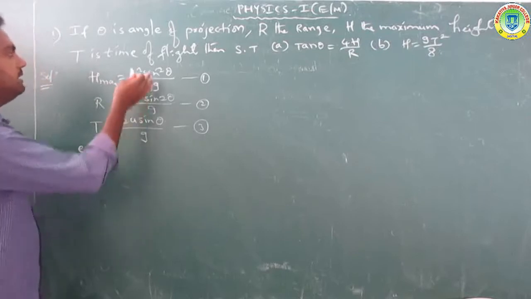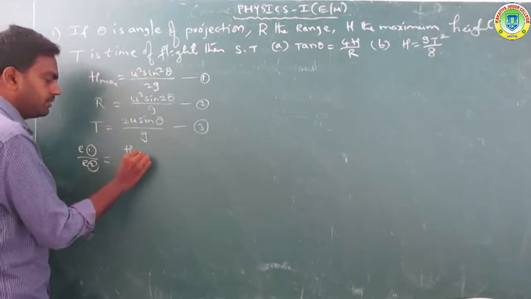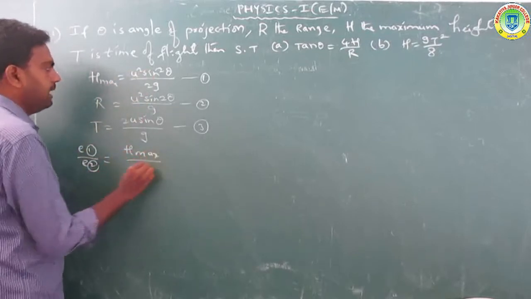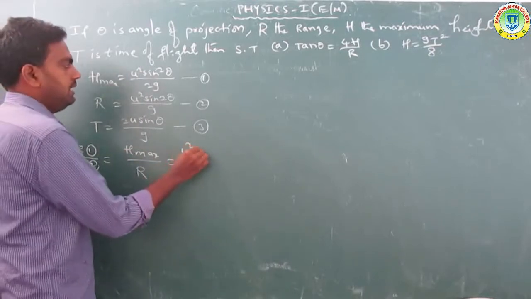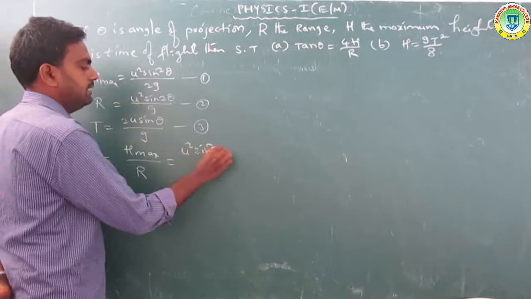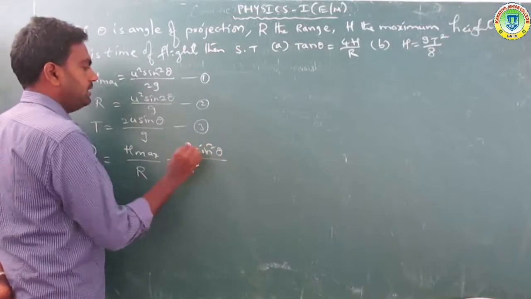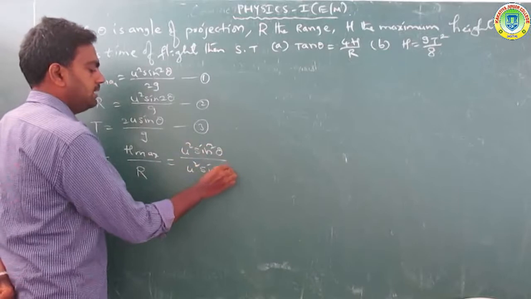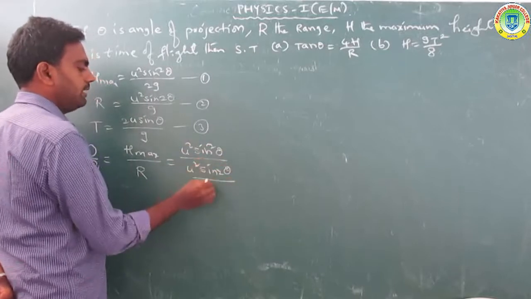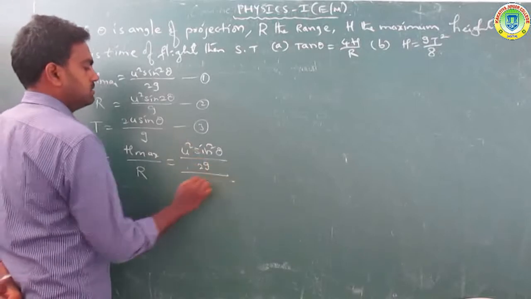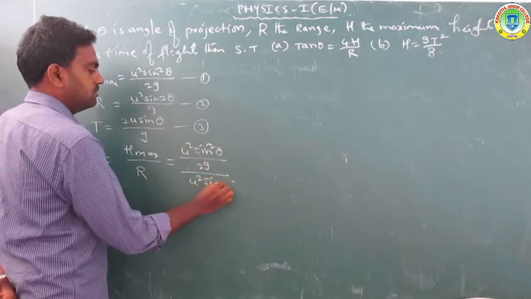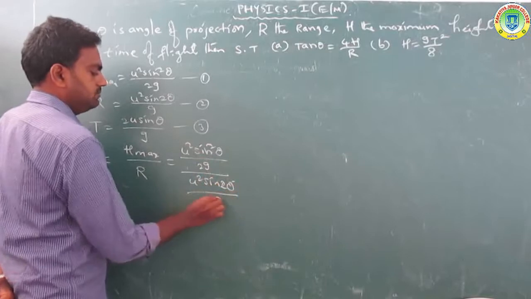So h maximum by R, the range, is equal to u square sin square theta by 2g divided by u square sin 2 theta by g.